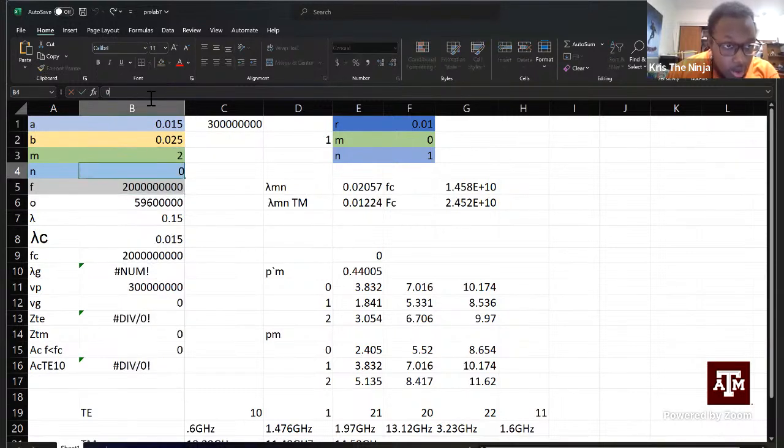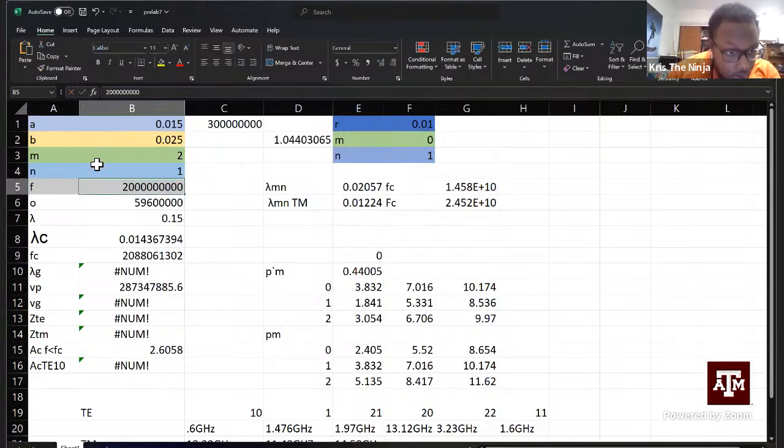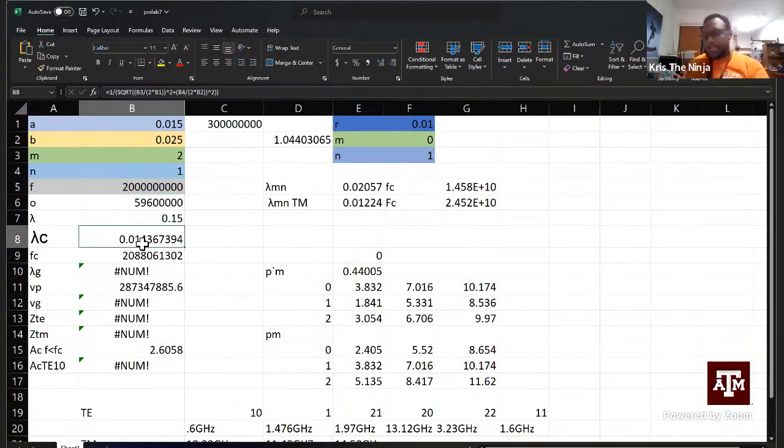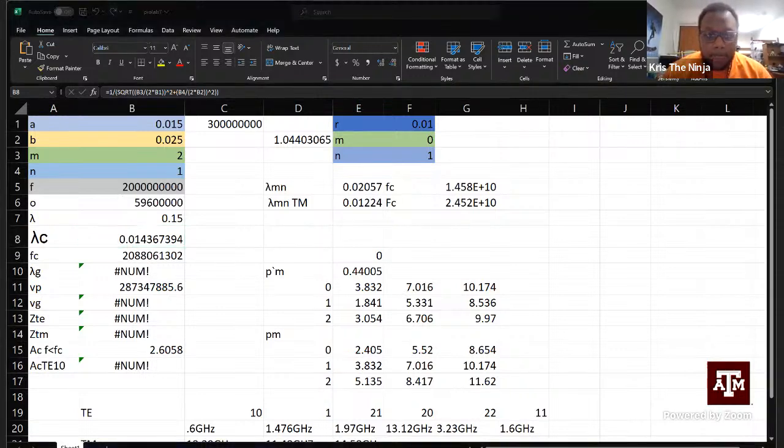Our N is 1. Our cutoff wavelength ends up being 14.4. You see how that's the same? That's our cutoff wavelength right here, exactly the same. So we've proven that the equation works, and now we can move on.